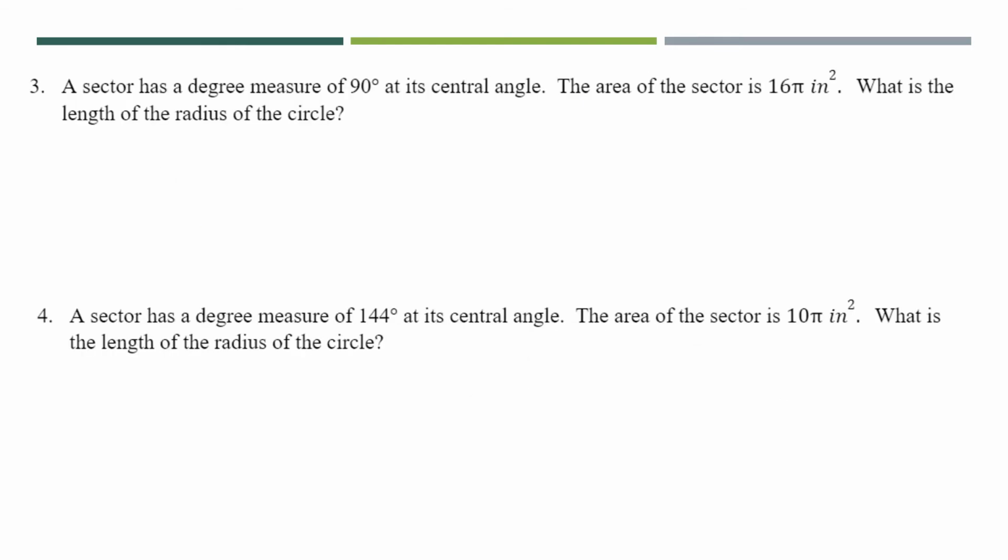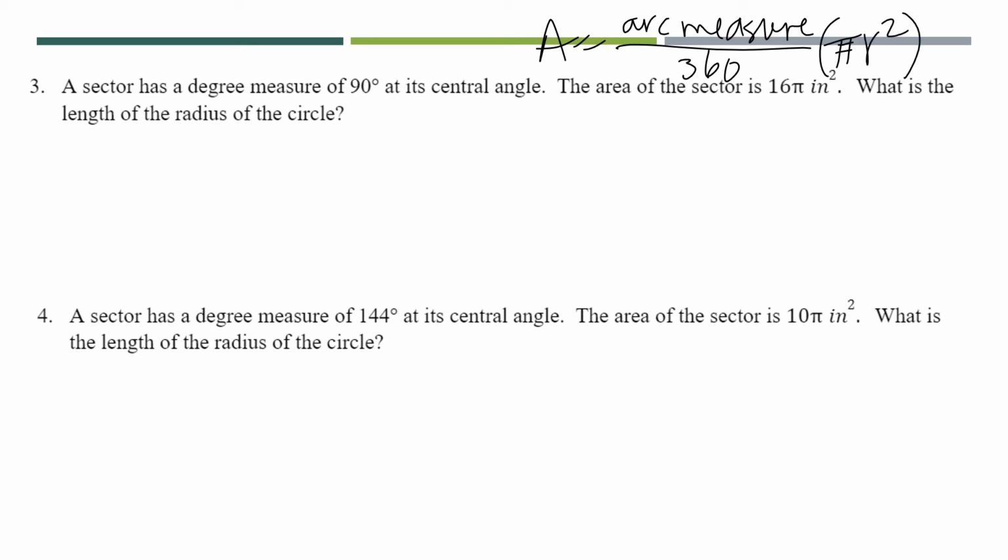So we are going to do these in the same kind of manner. So the area of a sector is your arc measure over 360, A equals arc measure over 360 times pi r squared.